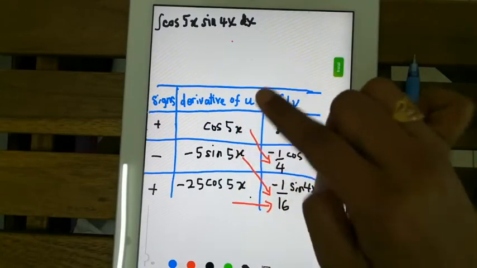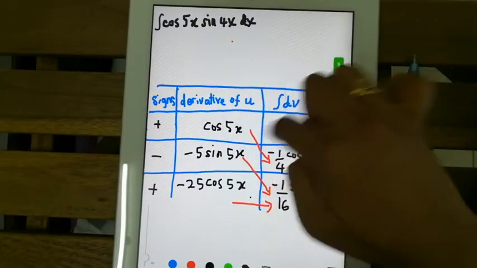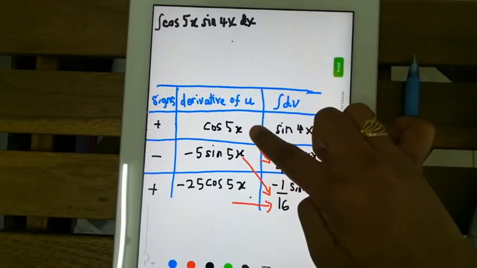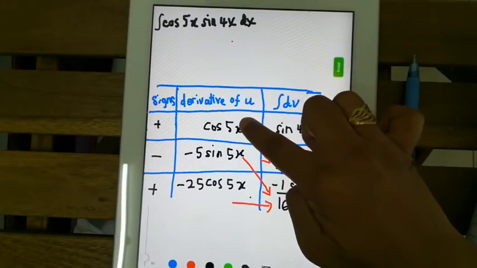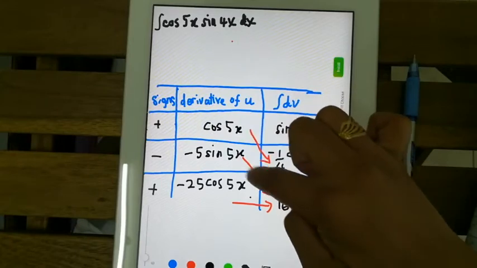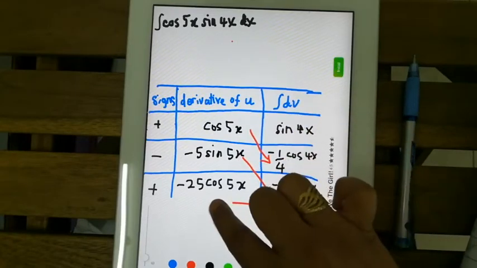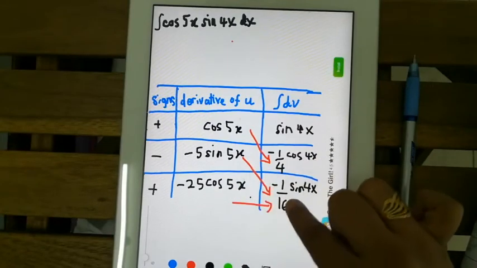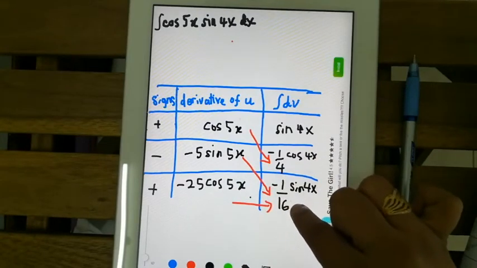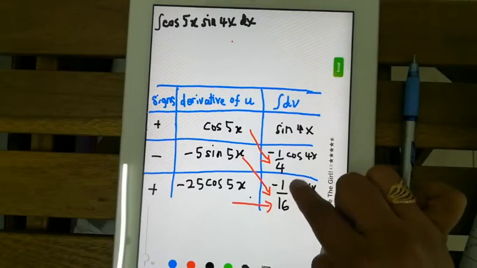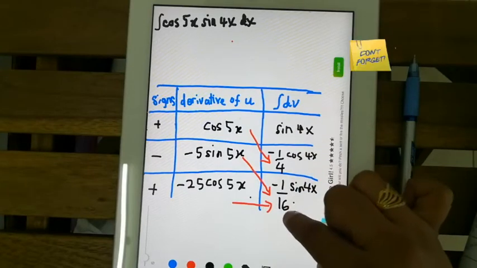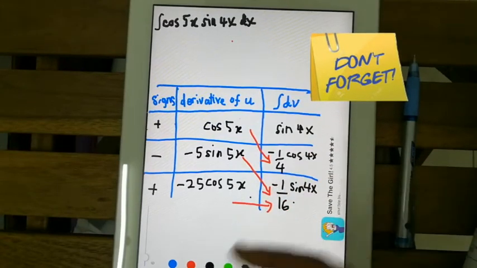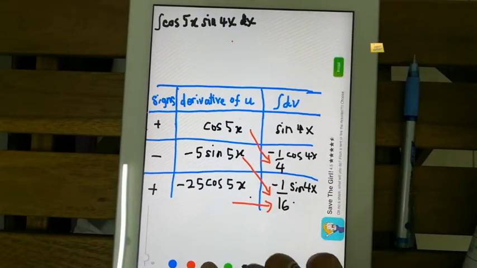But when both are trigonometry functions, you need to do like this. This one you multiply like the previous one, but the final one must multiply with the dv here. Just remember the process is like this, otherwise you will not get the same answer.